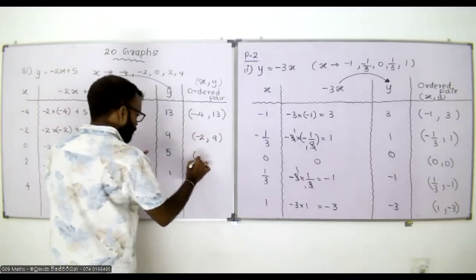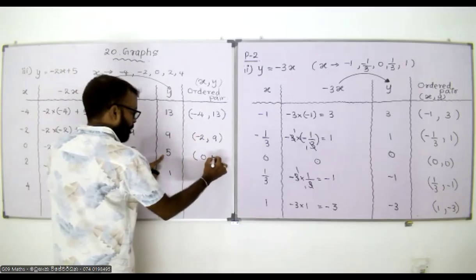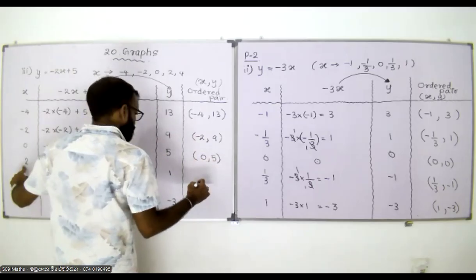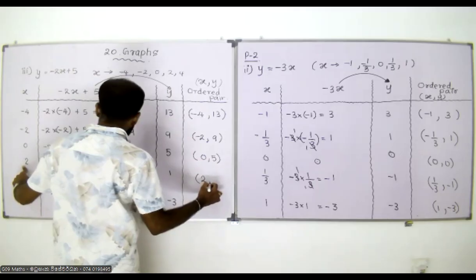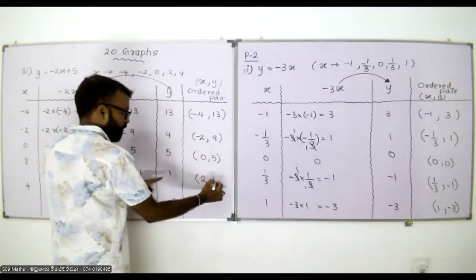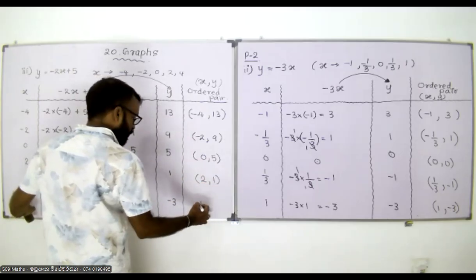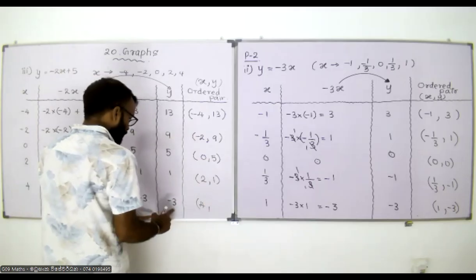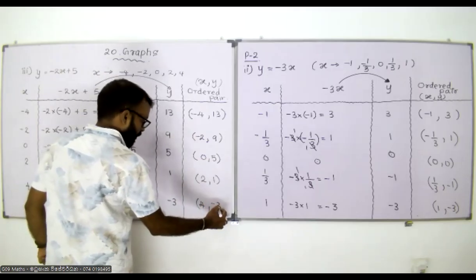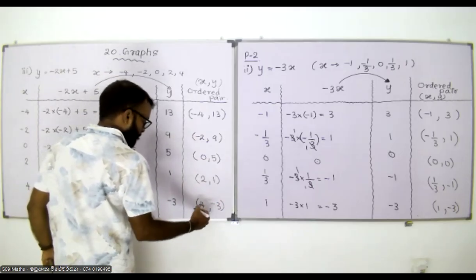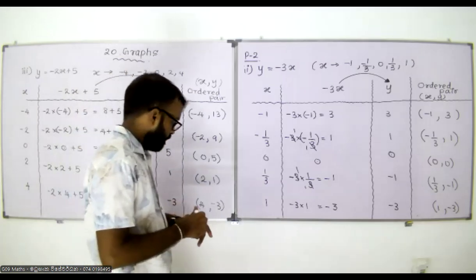X value is 0, y value is 5. X value is 2, y value is 1. X value is 4, y value is negative 3. Right? Done.